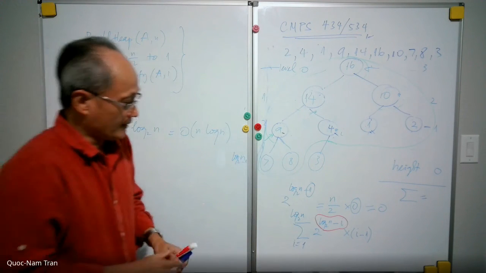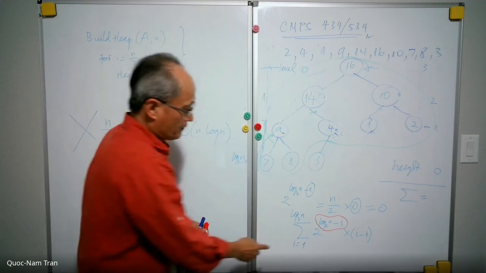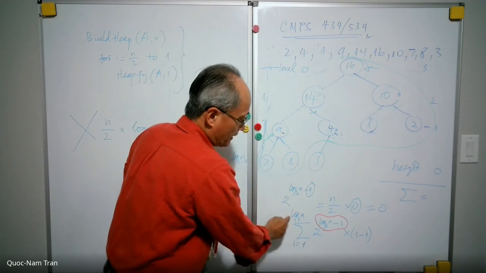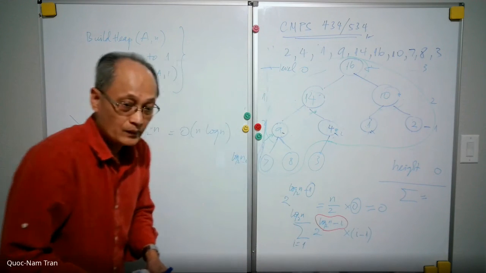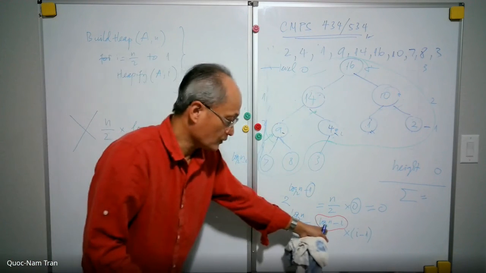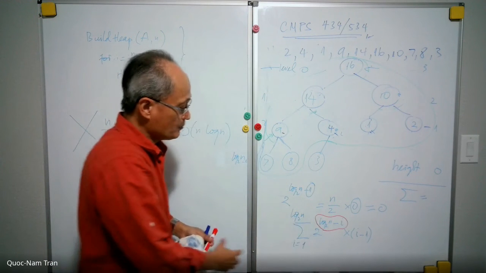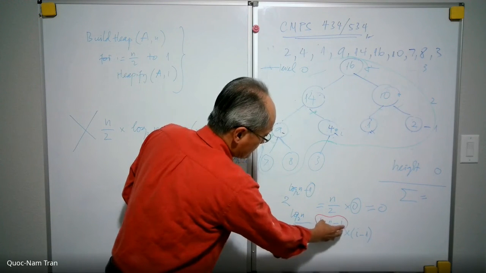Now, for i from 1 to log 2 of n, this one, log 2 of n minus i, we can do the calculation, or we can simply use this one.